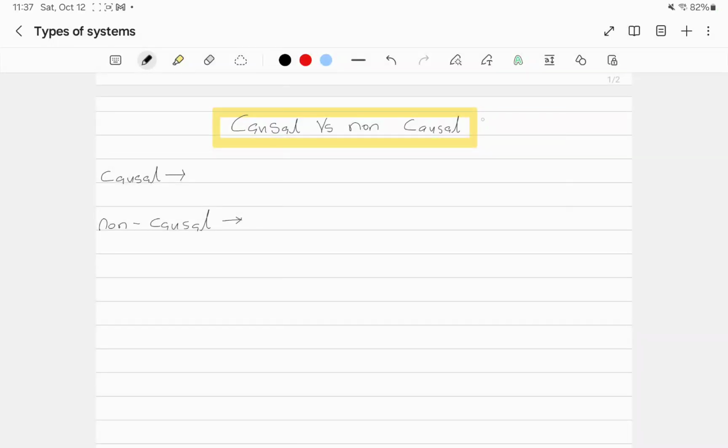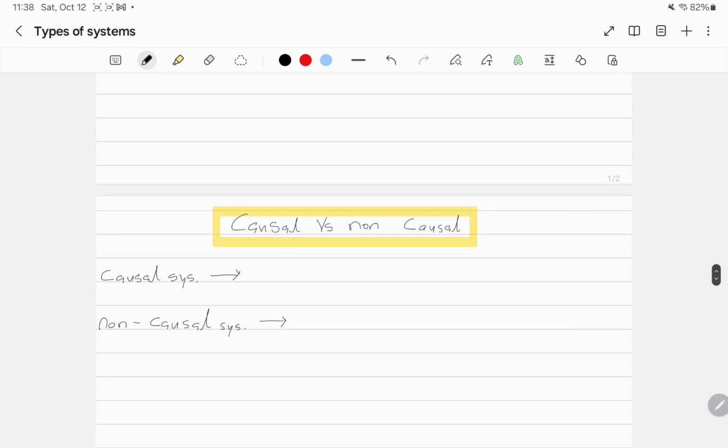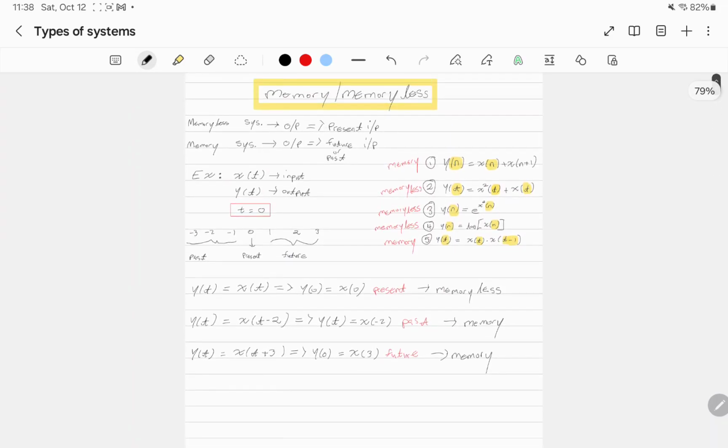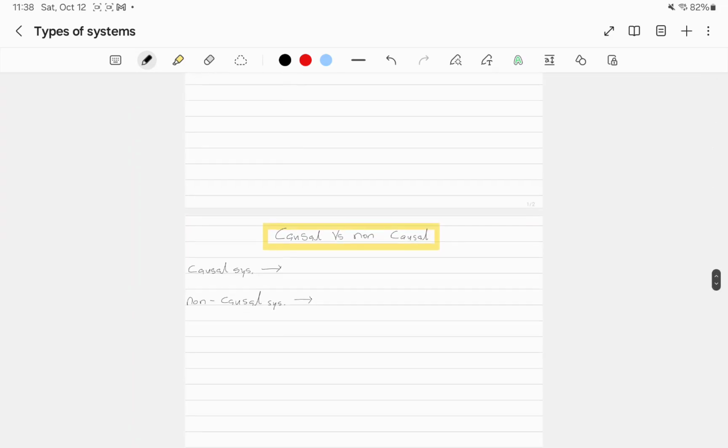So again, just another reminder that the teacher explained during the lecture: causal versus non-causal systems. You should write that. So for a causal system, it's very similar to a system with memory, or like this is very similar to the memory versus memoryless system from the last video.